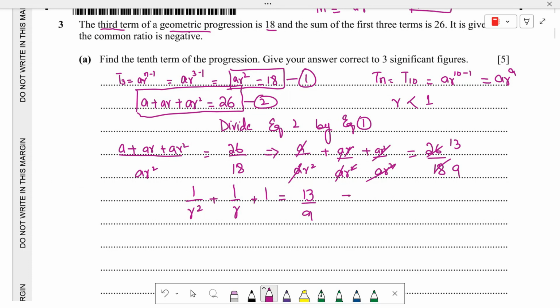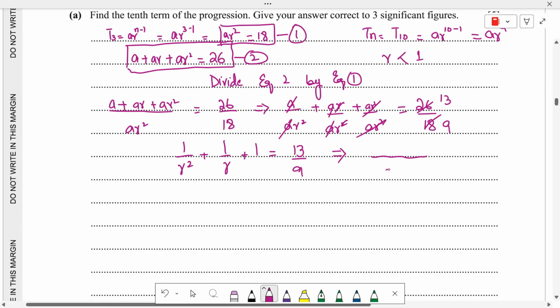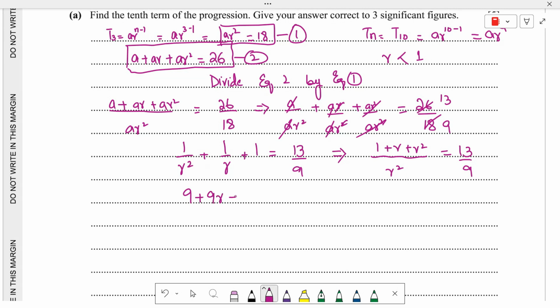Now we take the LCM on the left hand side. So we will have 1 plus r plus r square over r square, which equals 13 over 9. After cross multiplication, we have 9 plus 9r plus 9r square equal to 13r square.